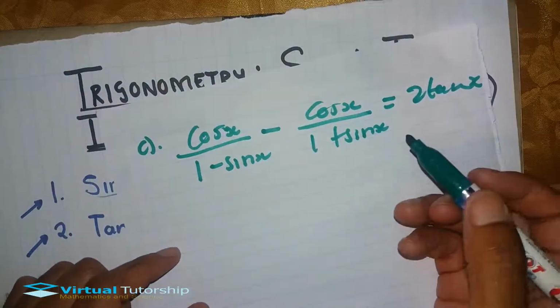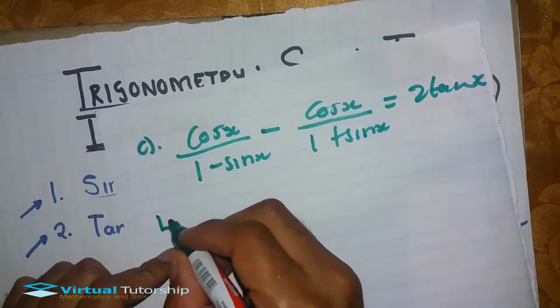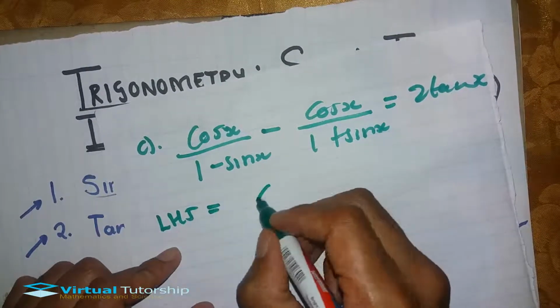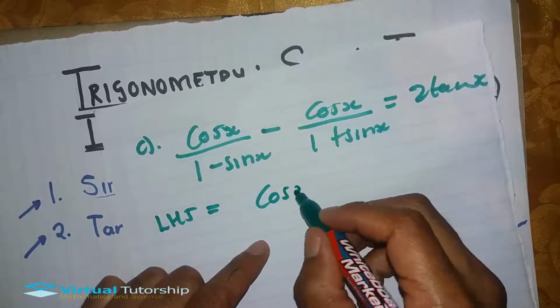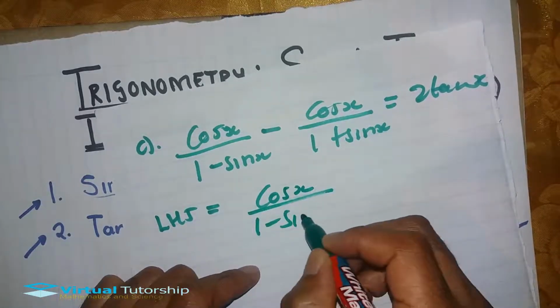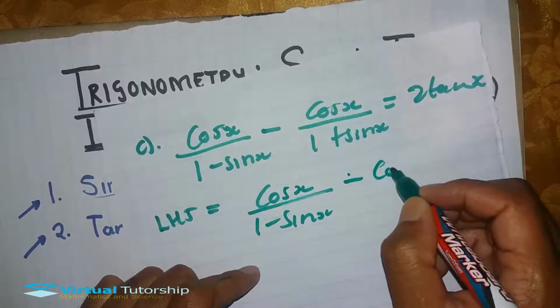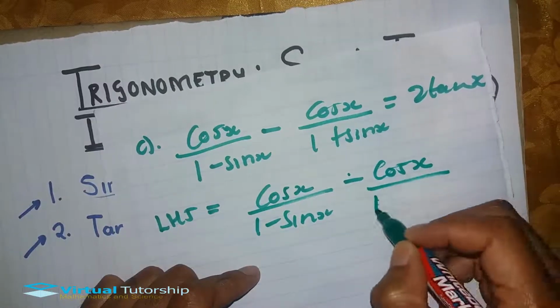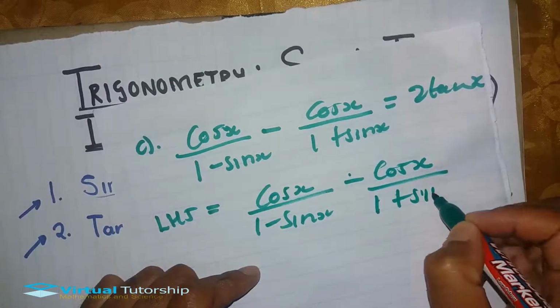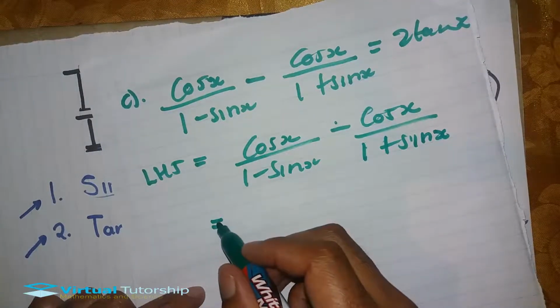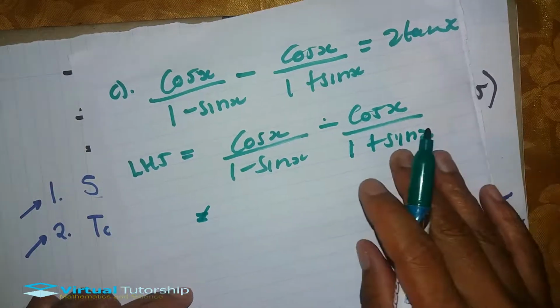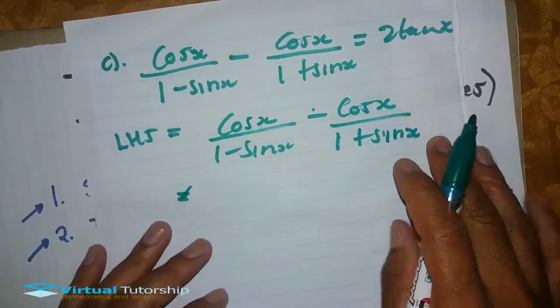So this one is obvious: the left hand side is complicated, so this is what we simplify. We need to subtract two fractions.